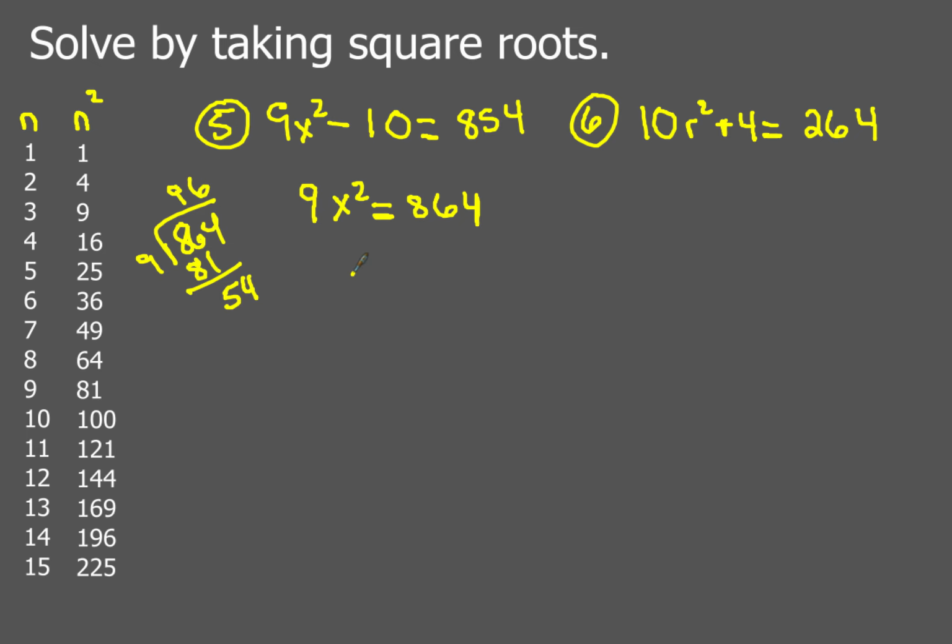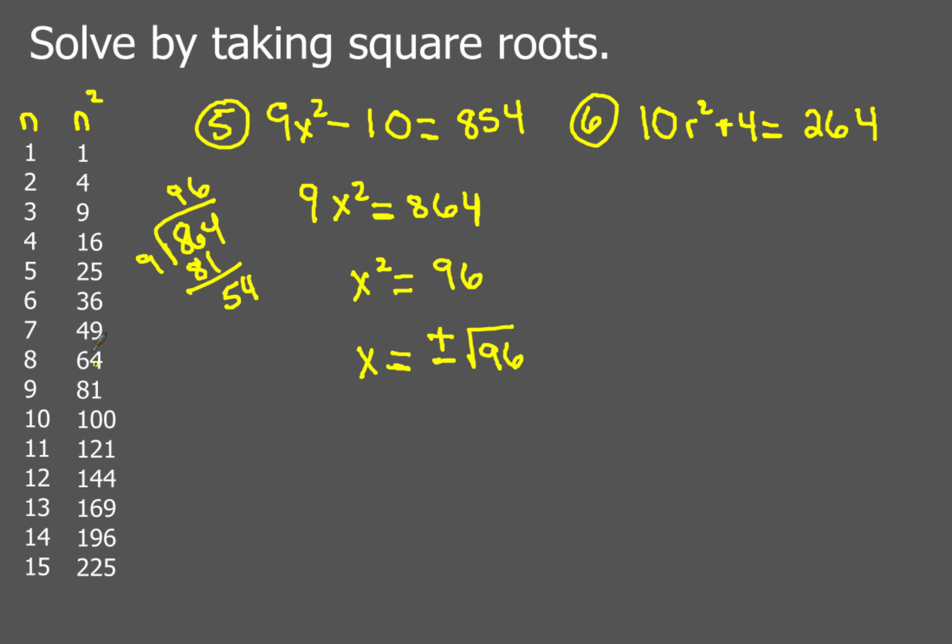So that's going to give me x squared equals 96. And again, when we solve this, don't forget the plus or minus, so x is going to be plus or minus the square root of 96.